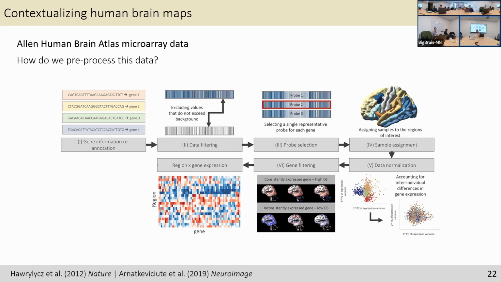There's also the step of actual data filtering. Sometimes the mRNA data you have is quite noisy, so it's not usable. You might want to exclude some probes that are not exceeding background, for example. And when you have multiple probes for one single gene, you might want to pick only the one that is the most accurate in some way.